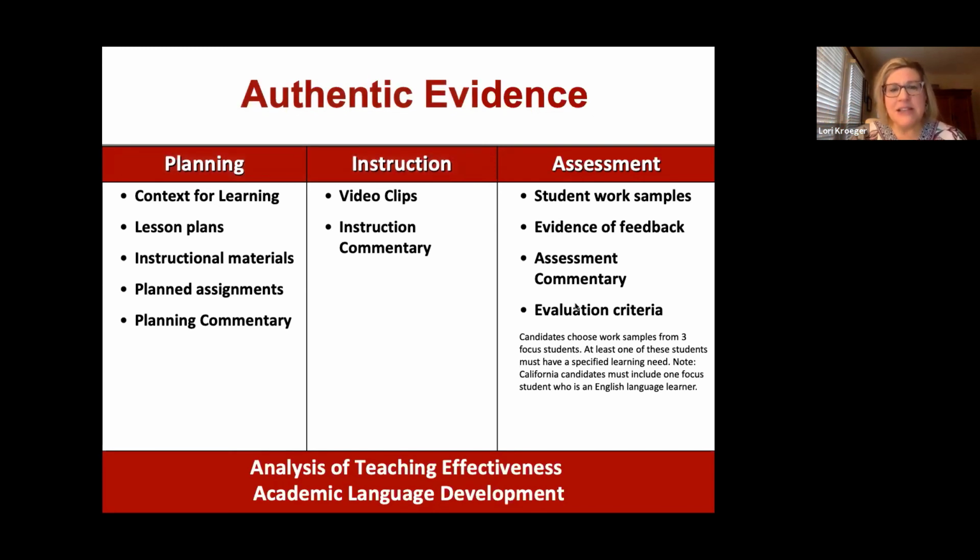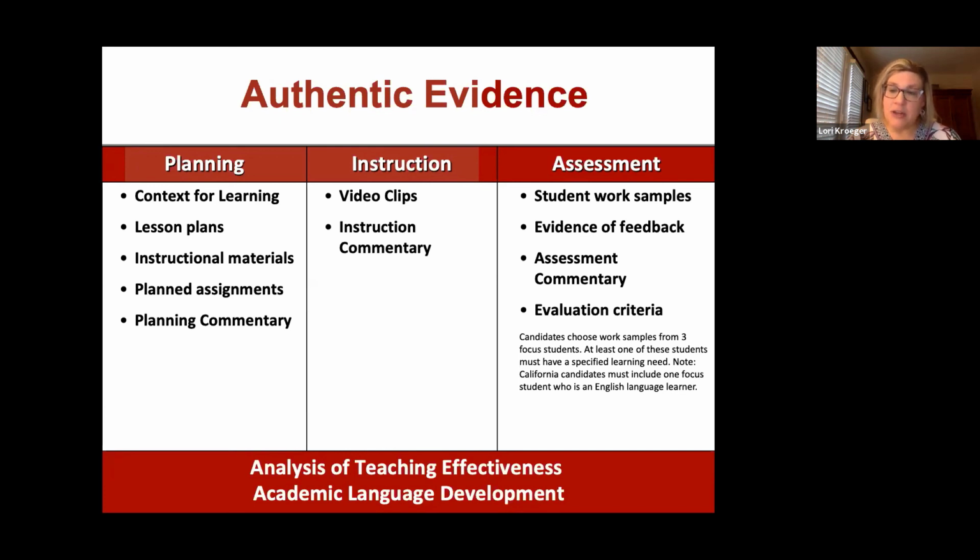You can see in the assessment task, I added a little footnote there for us. For the candidates' student work samples, for most handbooks, candidates will choose 3 focus students. I'll talk about the exception to that in just a moment. But when they're choosing their 3 focus learners, at least one of those students must have a specified learning need.